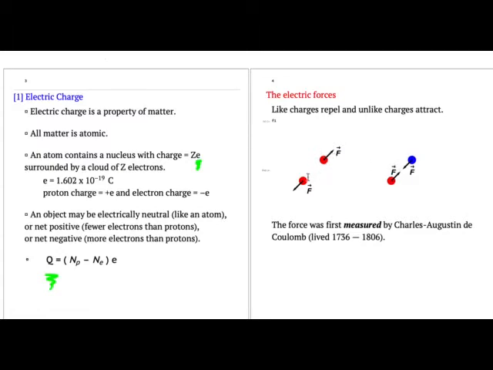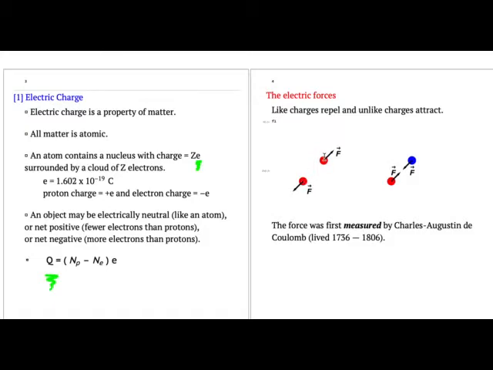Now, the charges here don't have to be equal. This sphere might have a larger positive charge than this sphere. So this sphere might have a charge of 5 coulombs, and this sphere might have a charge of 1 coulomb.